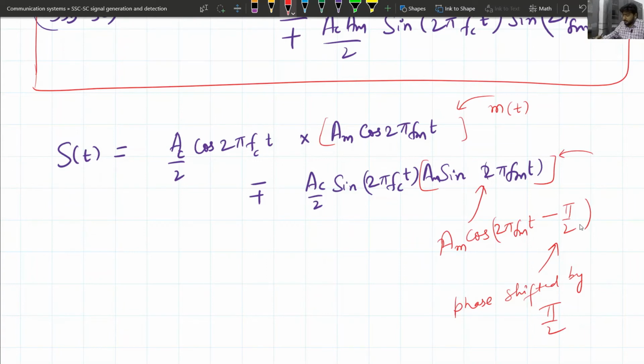So let us represent the signal m hat t as the phase shifted version.